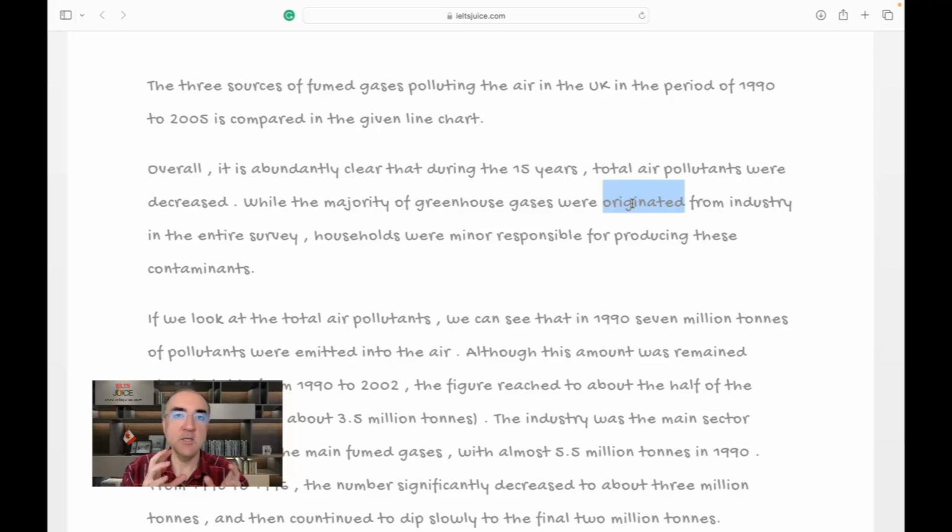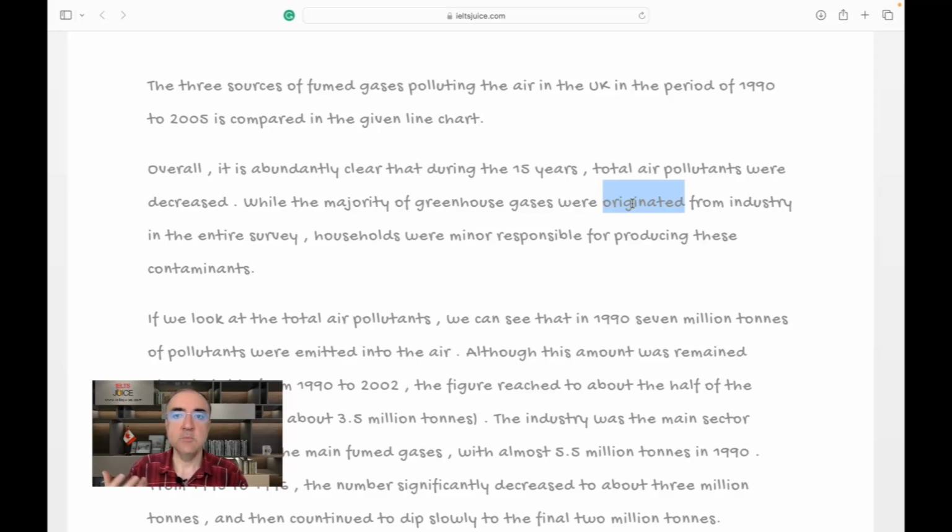So if we're talking about the origin of something, we use originate as a verb, but in the intransitive format. The transitive meaning of originate is not very useful for us IELTS candidates and English learners.